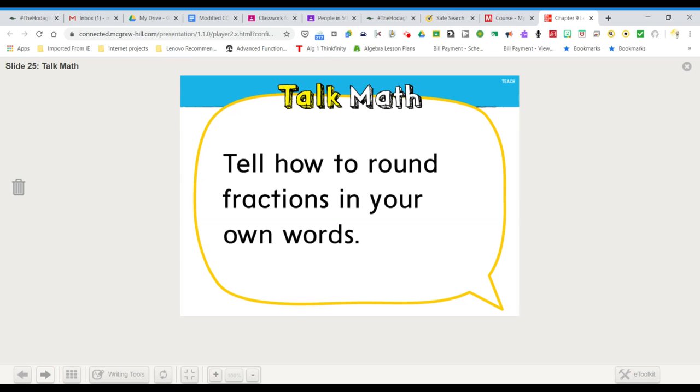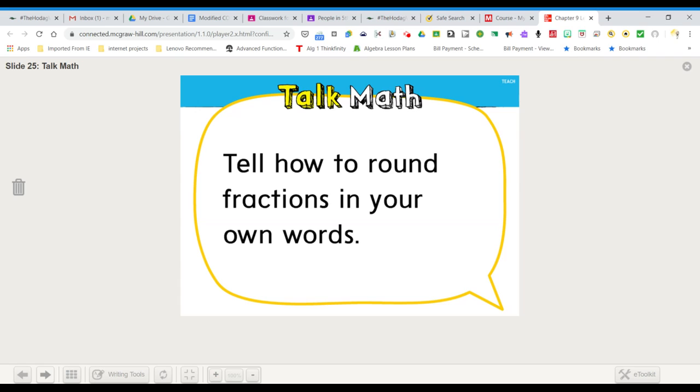So to round fractions in your own words, if you think about that, it's easiest on a number line if you have the time to actually cut it into the pieces that you need, figure out where the half mark is, where 0 is, where 1 is, and you can do it that way. Otherwise, some will say, I think it's easier to just look at the numerator and see how close the numerator is to the denominator.